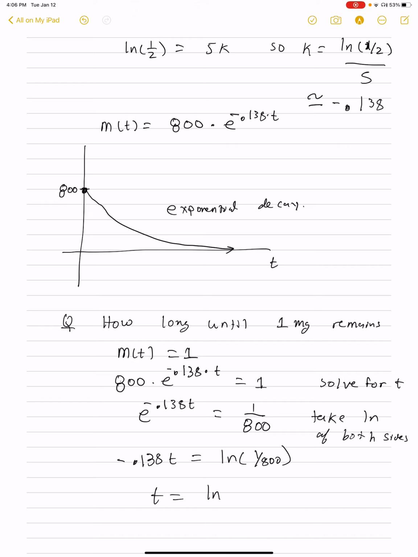T is going to be ln of 1 over 800 divided by minus 0.138, and that's approximately 48 days. Okay, and I rounded there, so you might get a slightly different answer, but it should be pretty close.